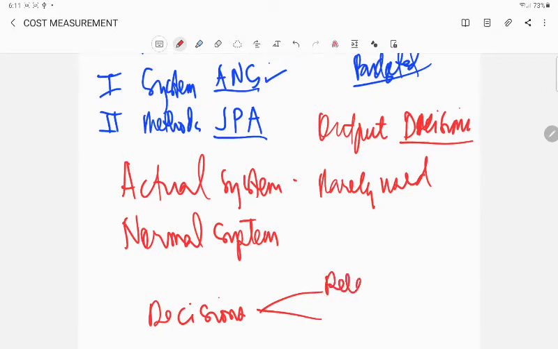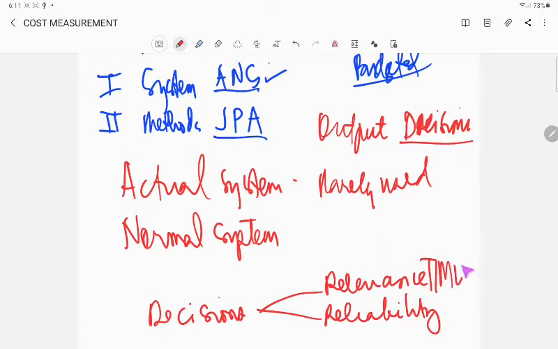Very good. So you have relevance and you have reliability. Relevance will talk about timeliness, and reliability will talk about truthfulness.